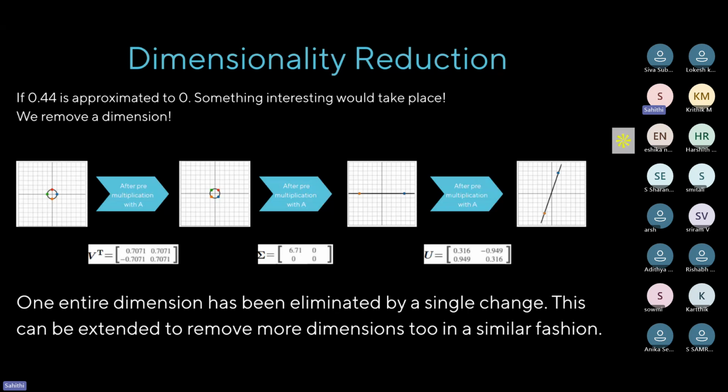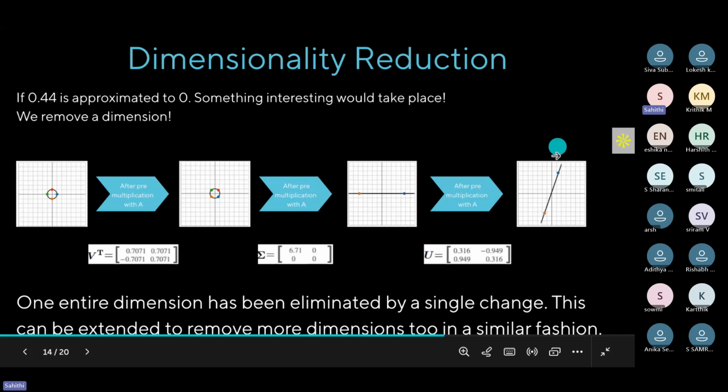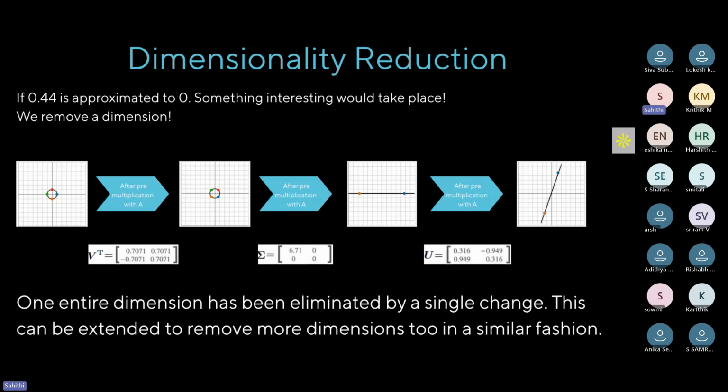By the end, if you replace this value over here with 0, you just cut down the number of dimensions from 2 to 1. And finally, we end up with all the data points in 1 dimension. So over here, an entire dimension has been eliminated by a single change. This can be extended to remove more dimensions in a similar fashion.